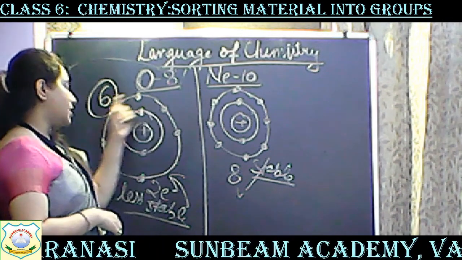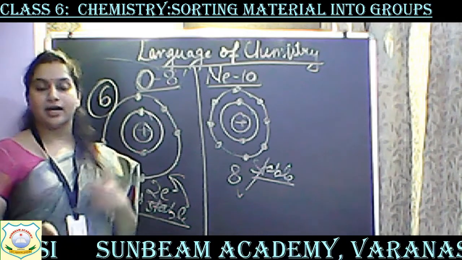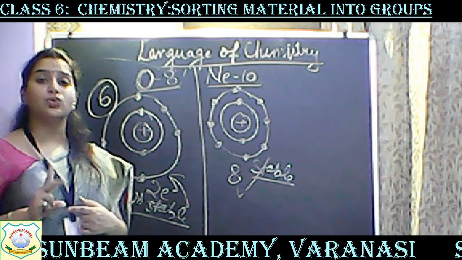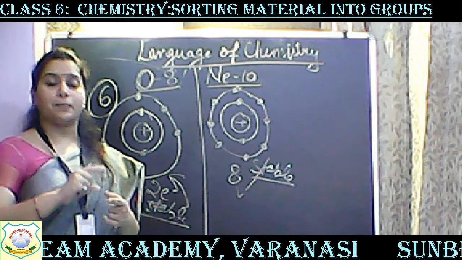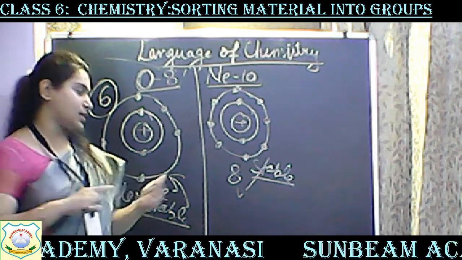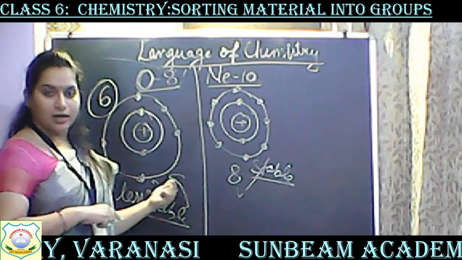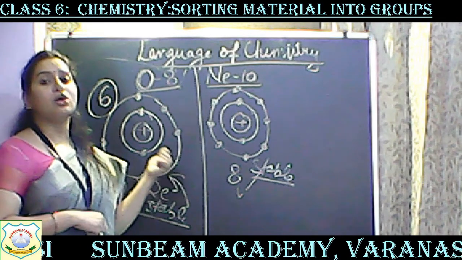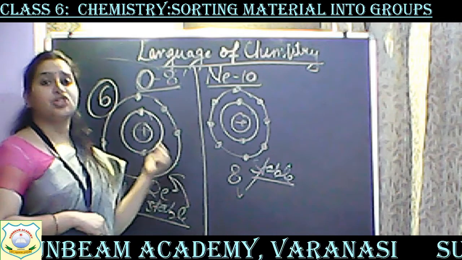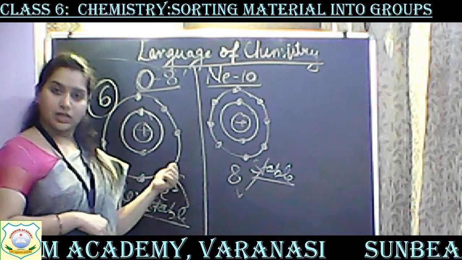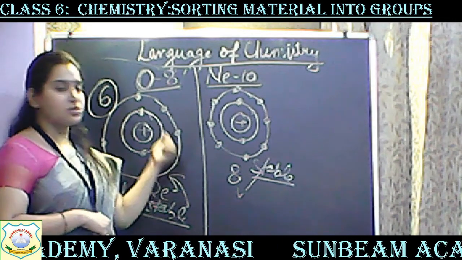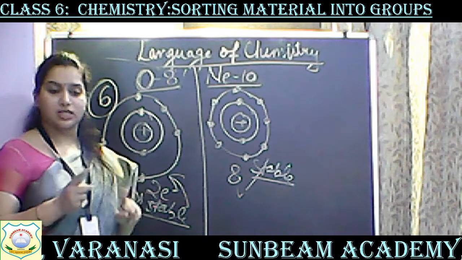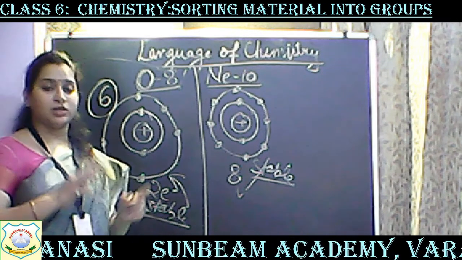Why? Because it has to complete its octet. What does completing the octet mean? It means it needs 8 electrons. Clear? So this way the sharing of electrons takes place, the bond is formed and the compound is formed.